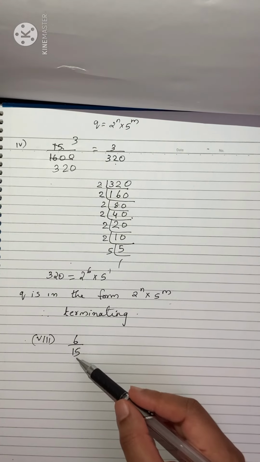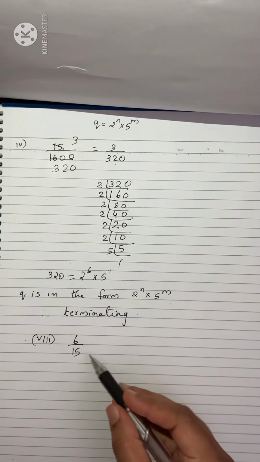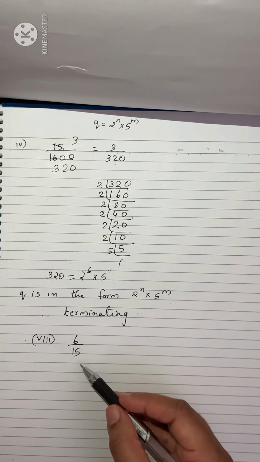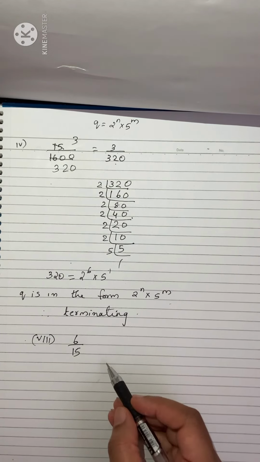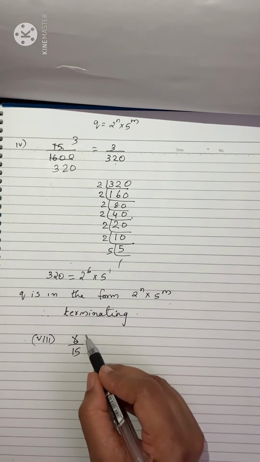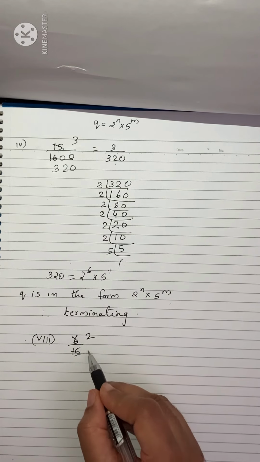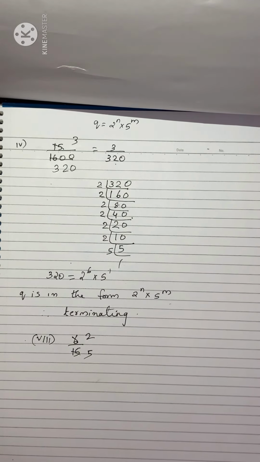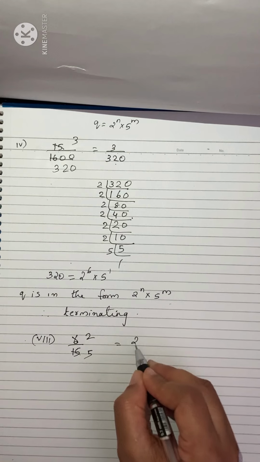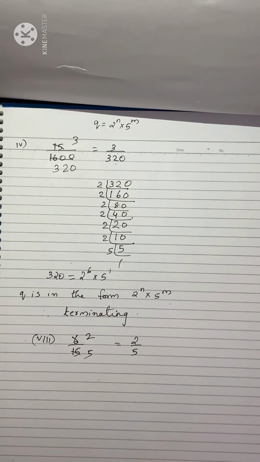Eighth one, 6 by 15. This is not in the simplest form. This is not in the form of a by b. There is a common factor, 3. So, 3 2s are 6 and 5 3s are 15. Now, 2 by 5. This is in the form of a by b, where 2 and 5 are coprime.